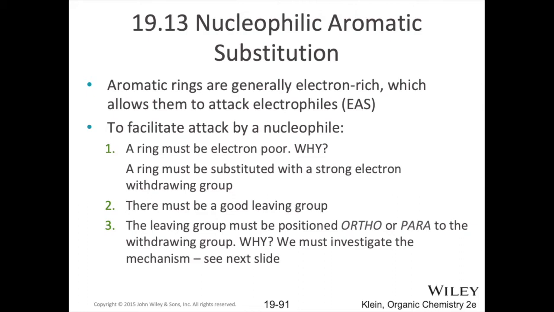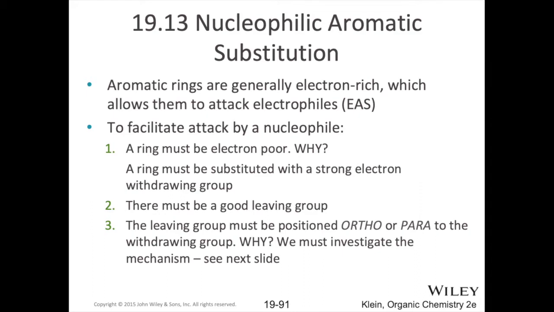We need a leaving group like that present for the incoming nucleophile to swap out. Finally, the first two requirements involve substituents that should be on our benzene ring. The third requirement is a directional one. We need these two groups to be either ortho or para to each other.